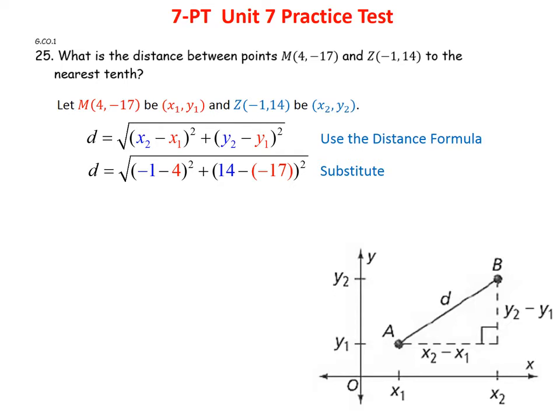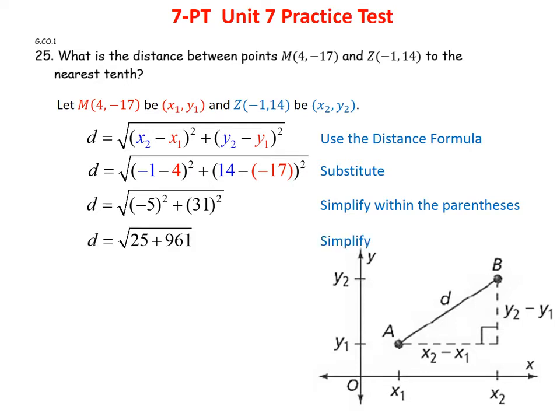So I can change any subtraction to adding, but then I'm adding the opposite. What's the opposite of negative 17? Positive 17. So in this case, you end up being 14 plus 17. So we end up here with negative 5 and 31 squared.